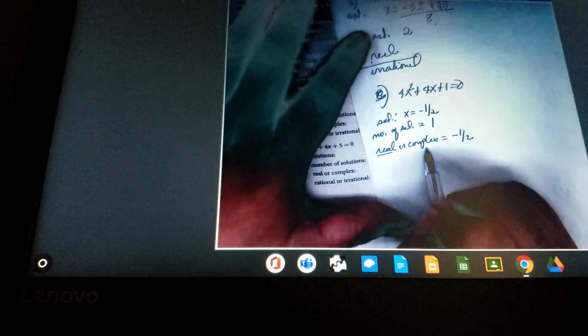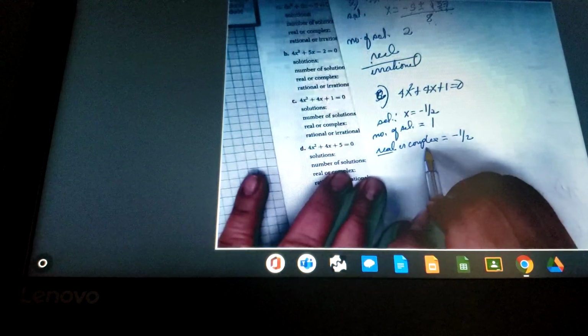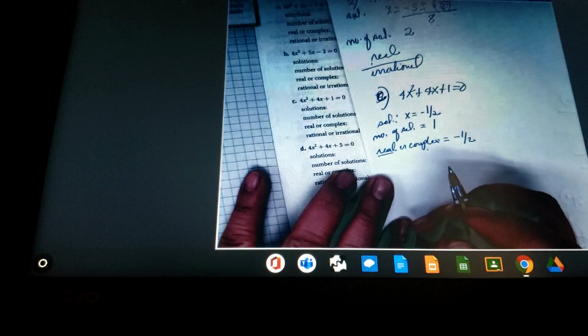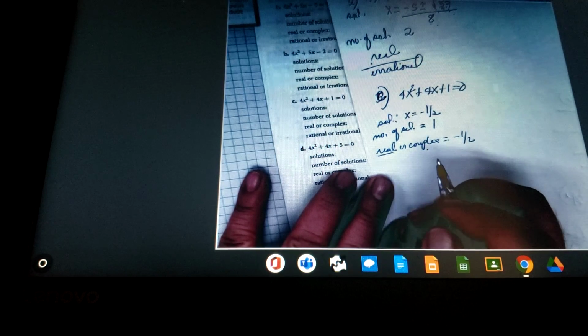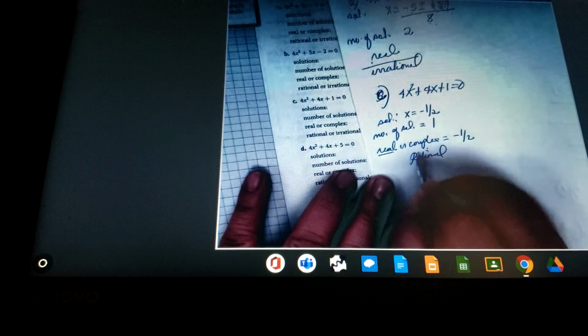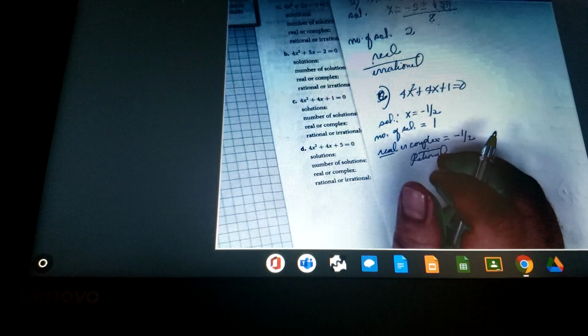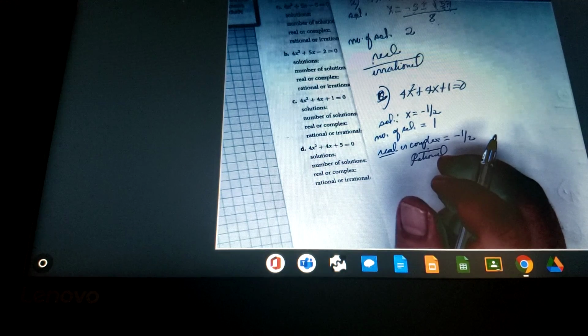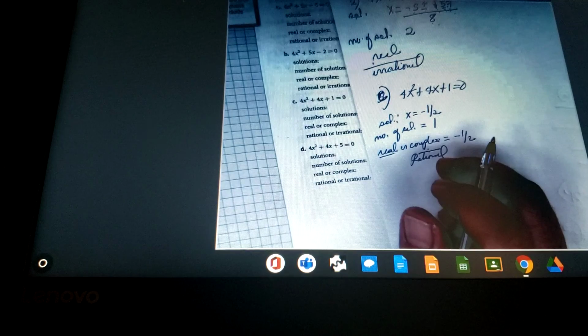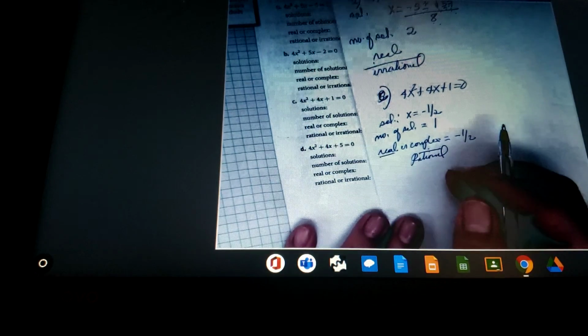Complex is with i. Remember that, huh? Rational or irrational? Rational. Why? Because our x is not inside the radical sign. It's already outside the radical. So it is rational.